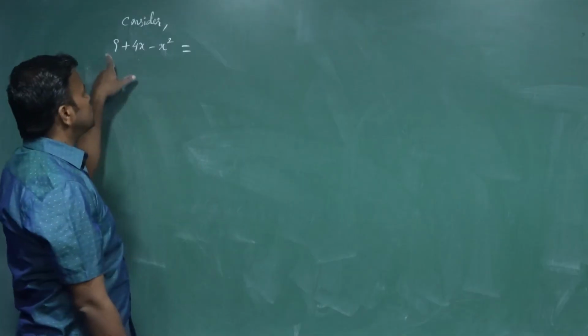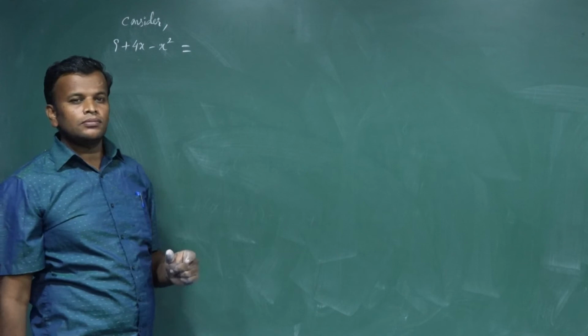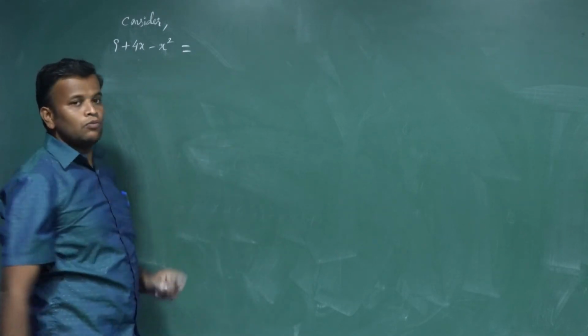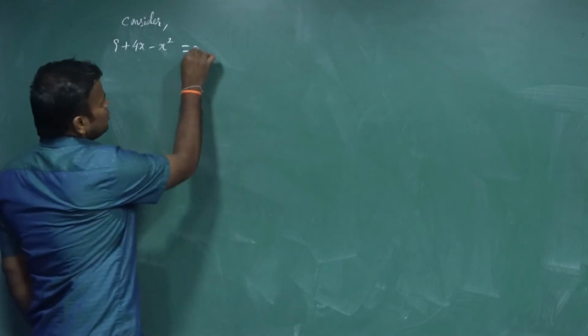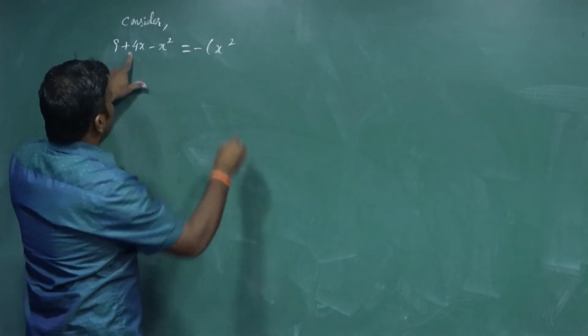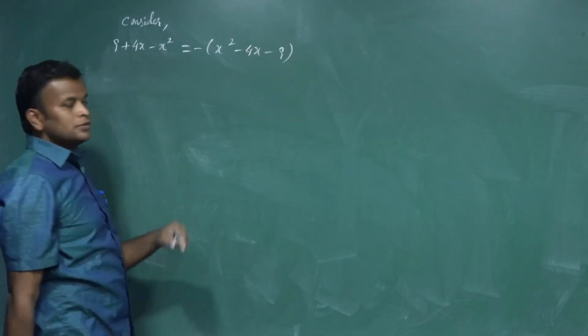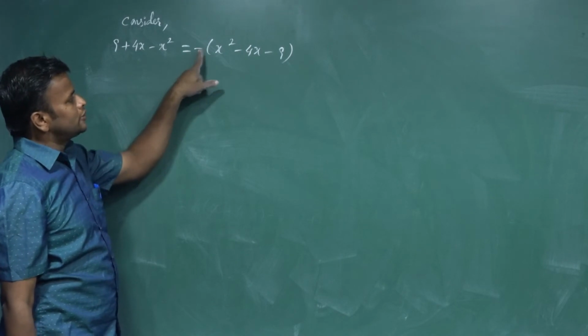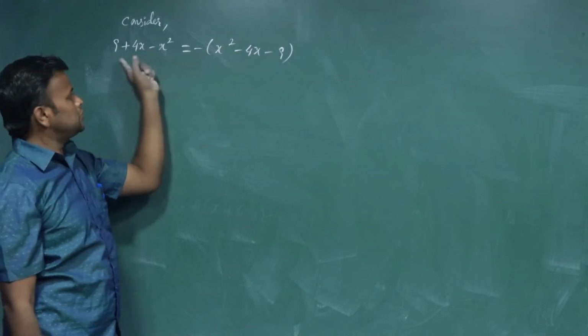Now we consider the term. We come to formula shape. What is the first step? The coefficient of x square should come 1. But here the coefficient of x square is minus. So we take outside minus. So x square minus 4x minus 9. So it will be already outside minus. So minus x square minus and minus plus 4x minus and minus 9 is plus 9.